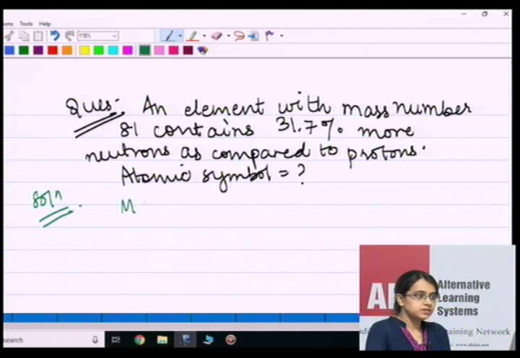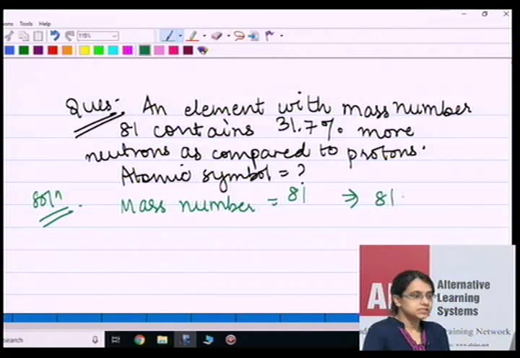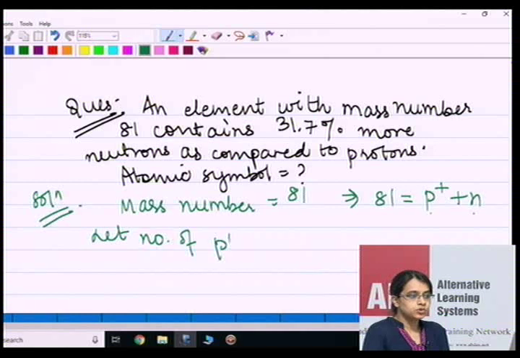You are given that the mass number is equal to 81. This implies that 81 is equal to the number of protons plus the number of neutrons. But we're not given the number of either the protons or the neutrons, so we assume. Let the number of protons be equal to x.